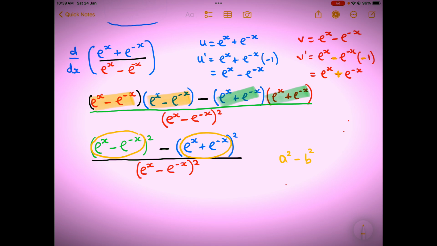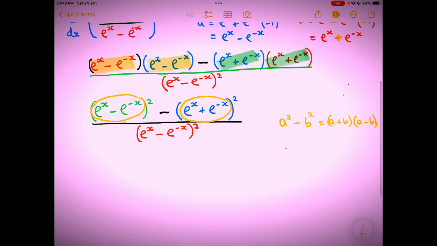This is the difference of two squares. Whenever we have a difference of two squares, we can write the factors as a plus b, multiplying a minus b. I'm going to apply this in simplifying the numerator part, right?